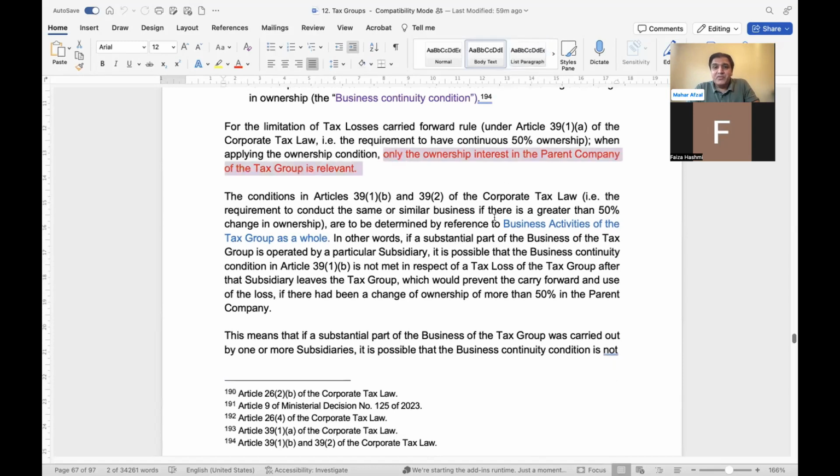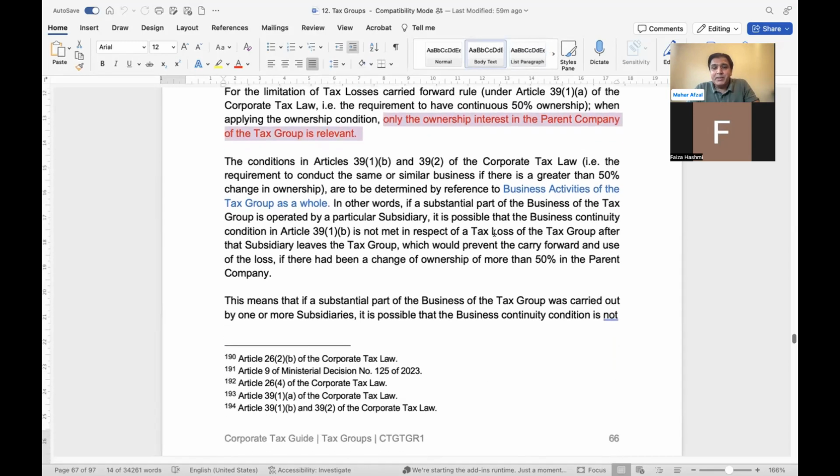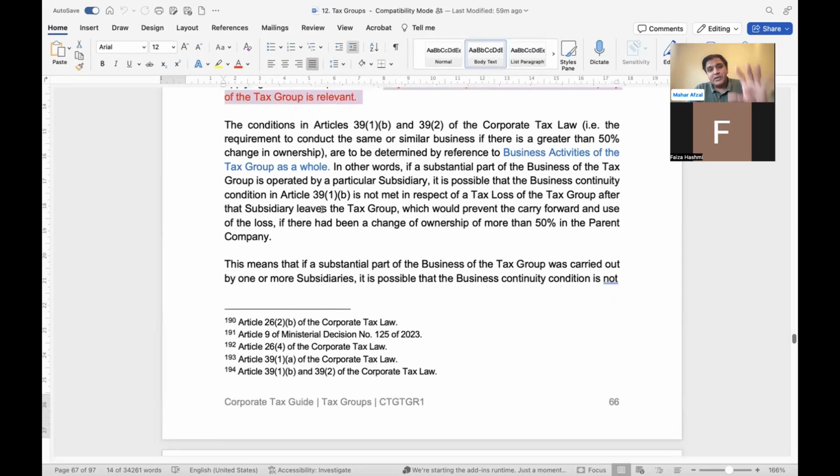You can go through that. For the business activity, it will be applicable at the overall group level, and the law says this is determined by reference to the business activity of the tax group as a whole. The objective is basically for continuity of ownership and continuity of business: ownership we need to look at at the parent company level, and continuity of business we need to look at at the overall group level.